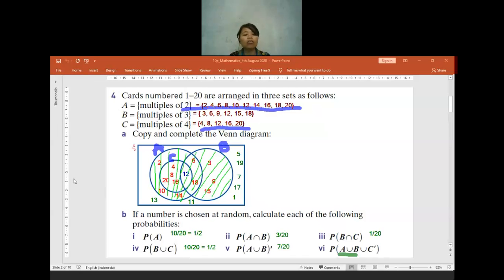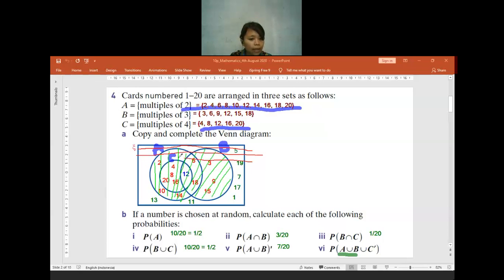Because it is outside the circle C, let me put another color. Maybe this is outside the circle C. Where is my pencil? Sorry, not really neat because I'm not using a ruler.